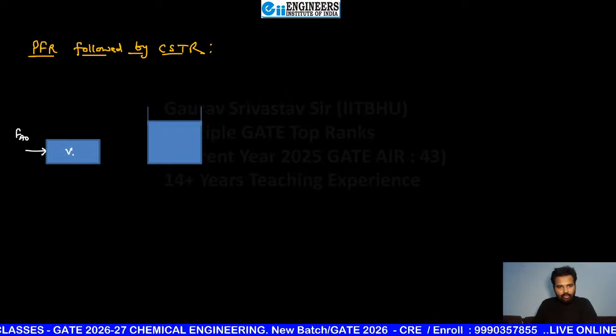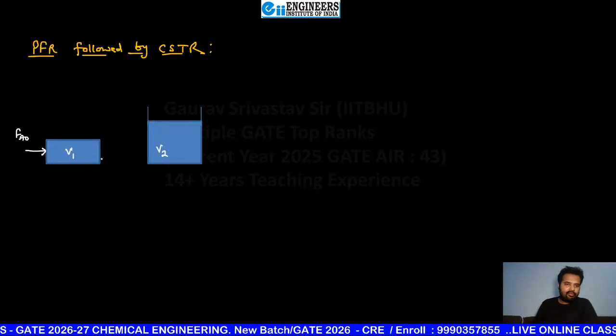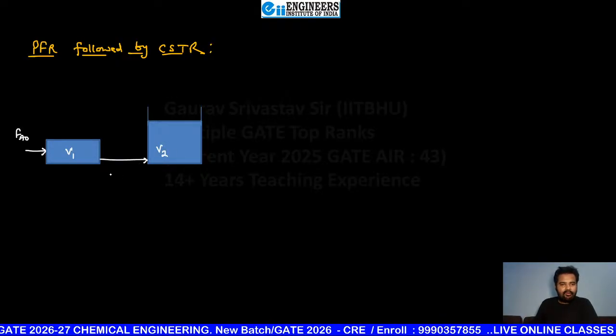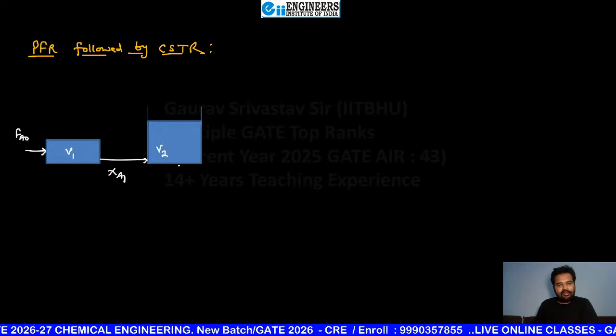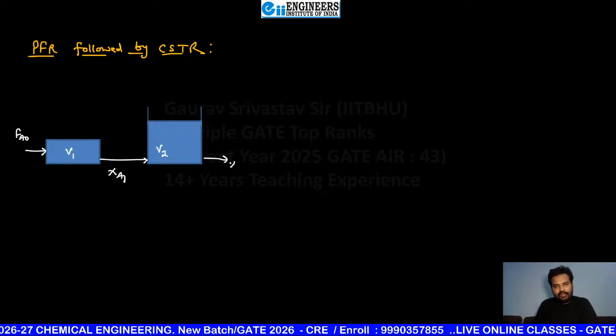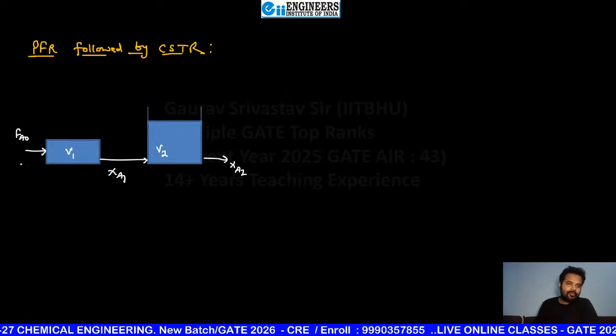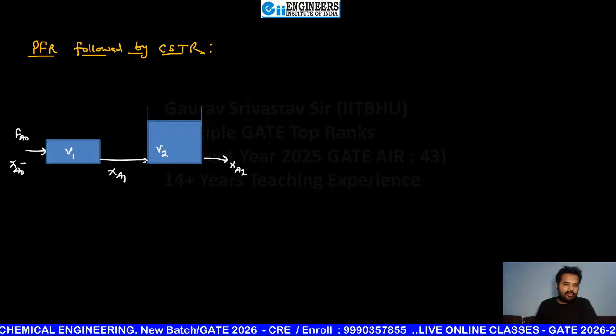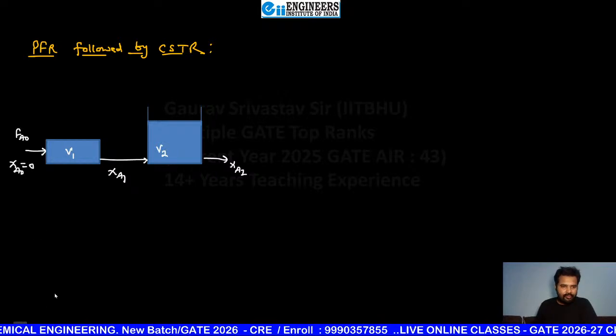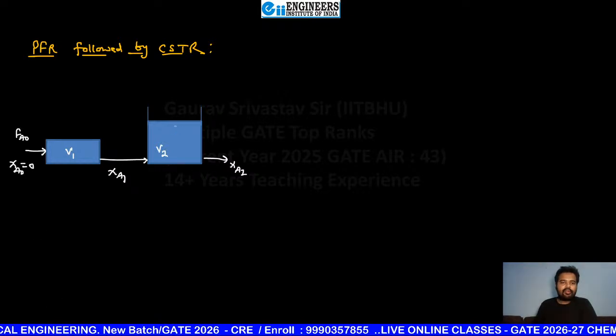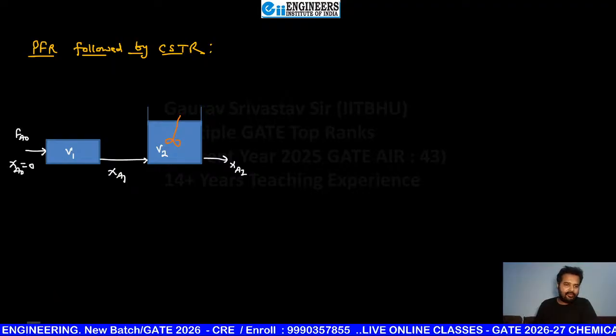FA naught, the volume of PFR is V1. The volume of CSTR is V2. The conversion that you are getting after this PFR is XA1 and after this CSTR is XA2. And here beta XA naught is 0. Now this is your CSTR.